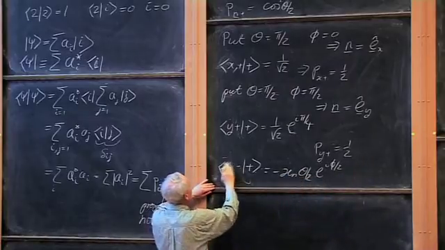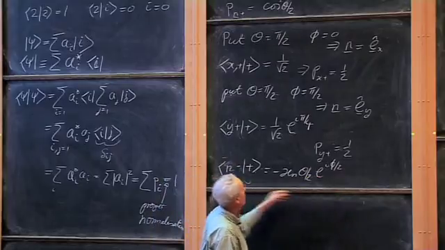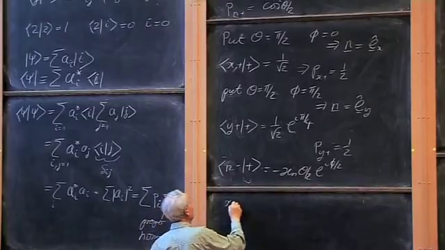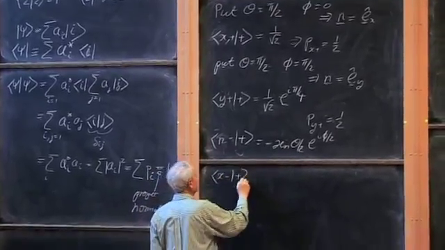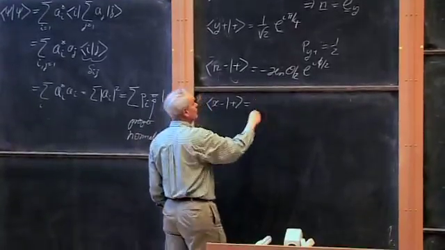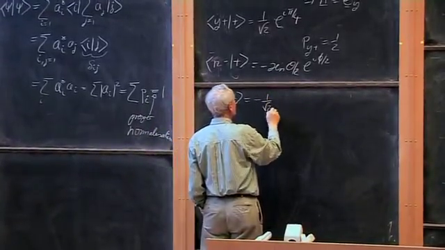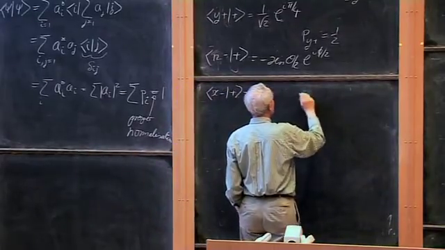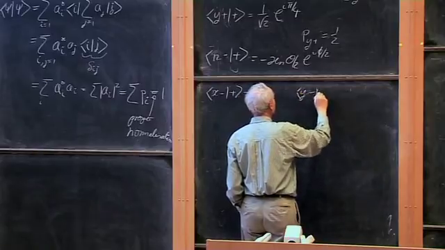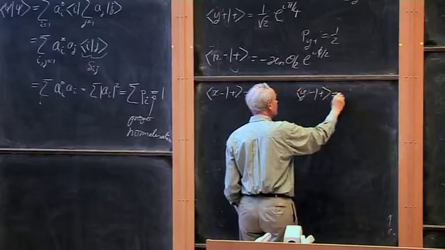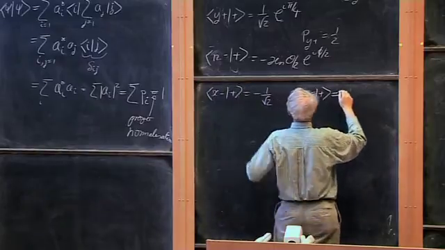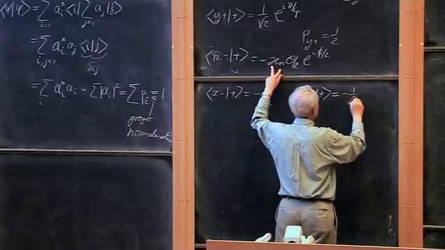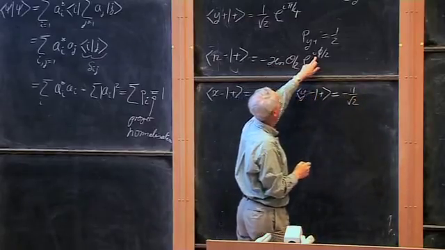Actually, let's just make this n minus. Now from this formula I can deduce the x and the y ones, which is what I want to do. I have that x minus plus, I put theta upon 2 in here. This is going to be minus 1 over root 2. And I'm going to have that y minus plus is going to be, in that case, 1 over root 2 here, minus 1 over root 2, and then here I'll have an e to the i pi upon 4.